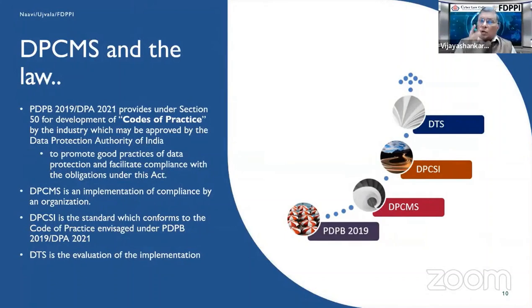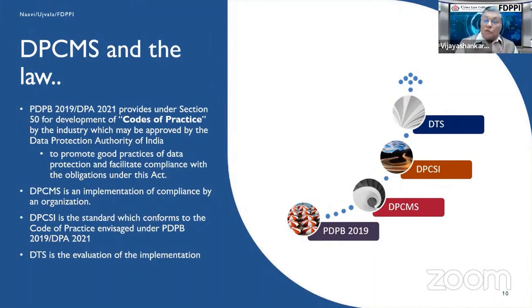And it says the code of practice designed by an industry can be approved by the Data Protection Authority, and then that becomes the standard. You don't have to take any existing standard. You can actually create new standards. Now, DPCMS is one such code of practice which we have developed for the industry.